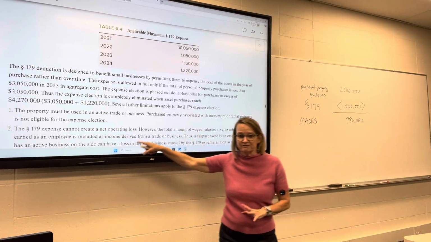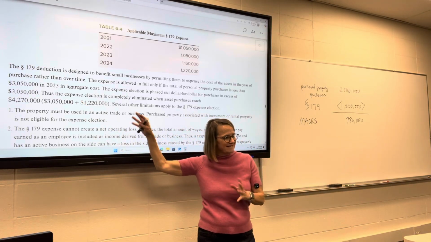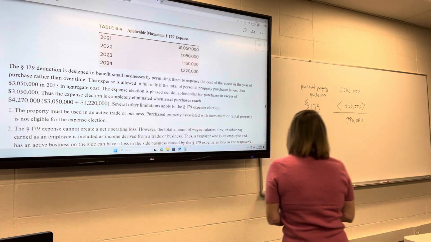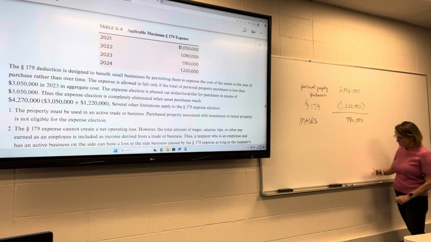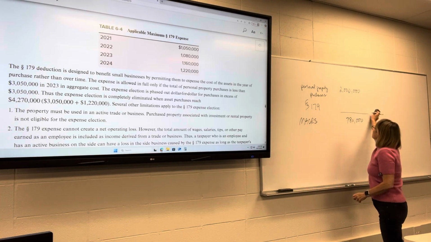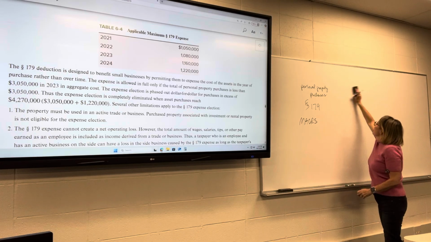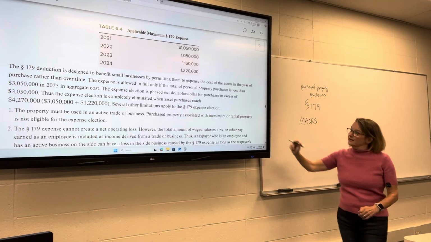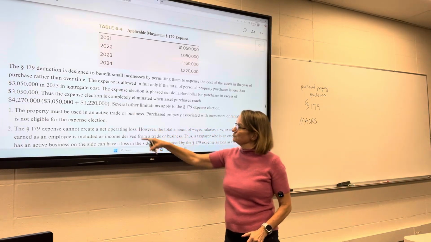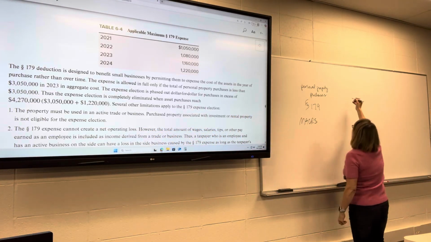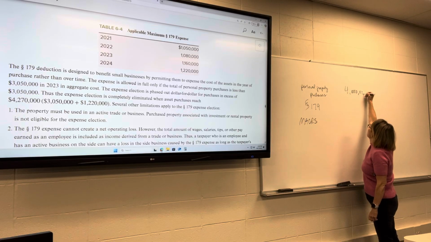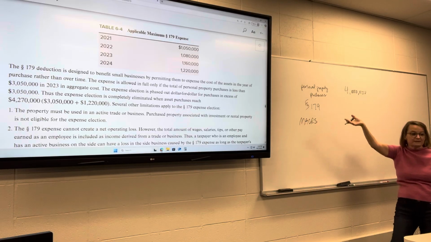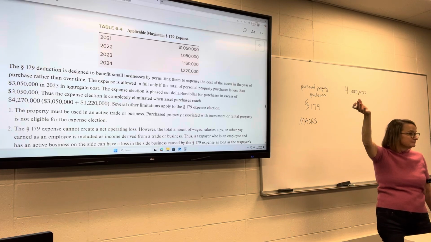That number changes every year. That's why it's kind of an odd number. It's indexed for inflation. So the first thing you'd want to do is say, okay, what were our total personal property purchases? And if it was more than 3 million, so let's just say it was $4 million. We total up all the personal property that we placed in service during the year.